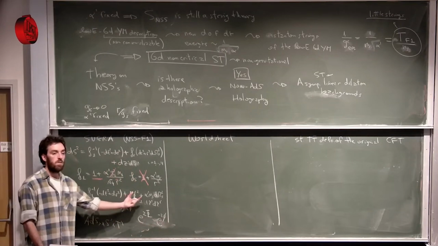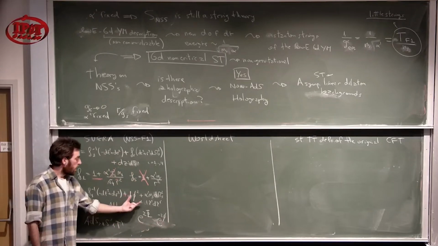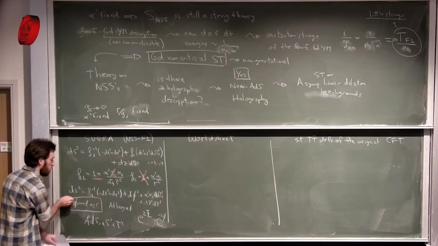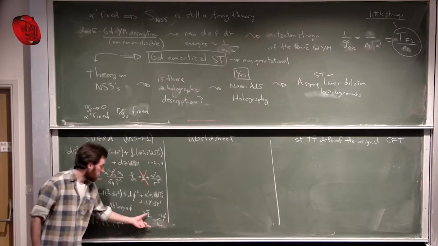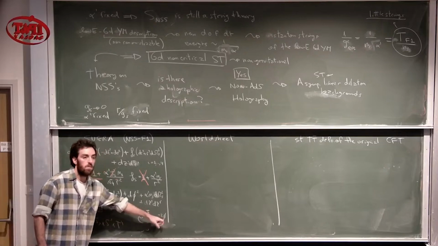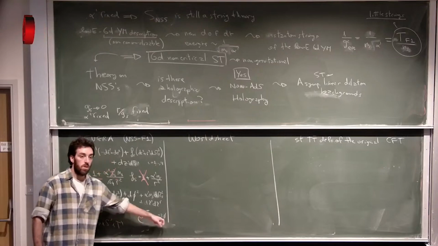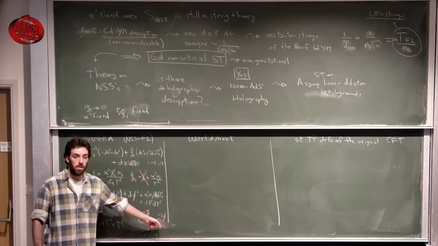So this phi is the new radial coordinate. You check that at large radial distances, you get a dilaton which goes linearly with this radial coordinate.